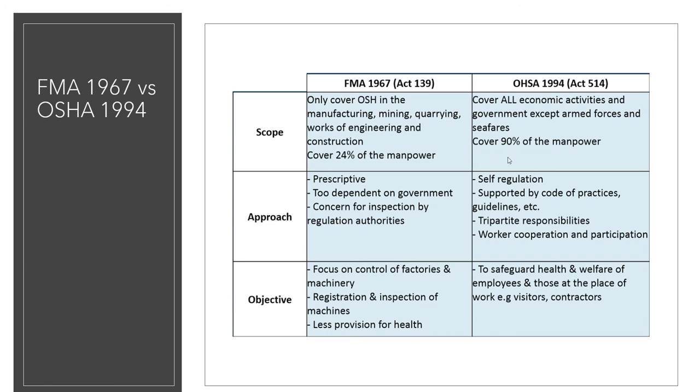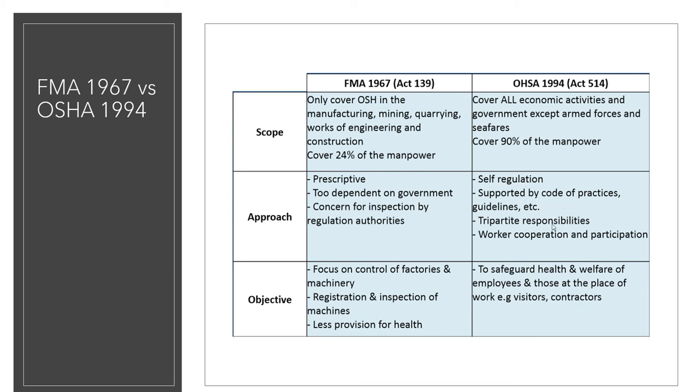Okay, dia cover 90% of the manpower, tapi untuk FMA dia cover 24% of the manpower sebab dia lebih fokus kepada machinery. Okay, and then approach di bawah FMA prescriptive, but for OSHA this self-regulation supported by code of practice, guideline and etc.